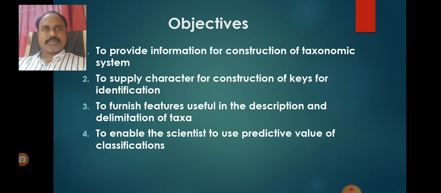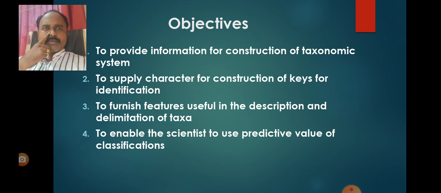This is only possible when we learn about plant systematics, and it is the duty of a taxonomist, a botanist, to provide a constructive taxonomic system, meaning lower or higher hierarchical levels or identification of any plant individual. That is the main objective.